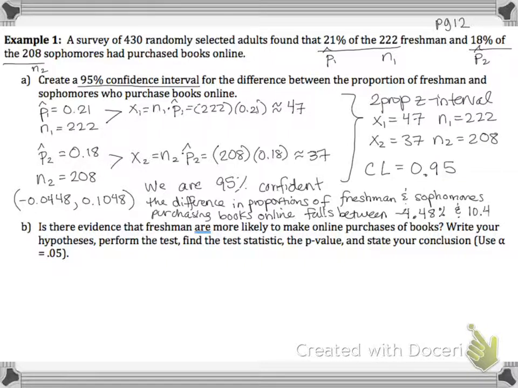So it falls between negative 4.48% and 10.48%. Whew, okay, that's a long sentence there.